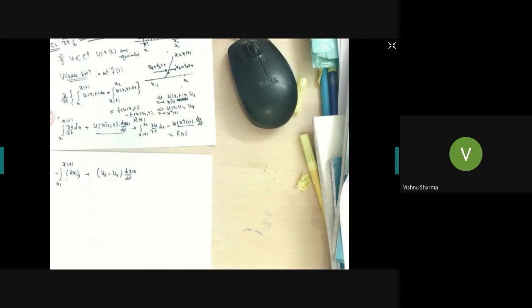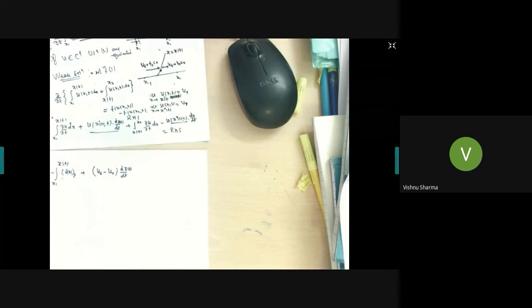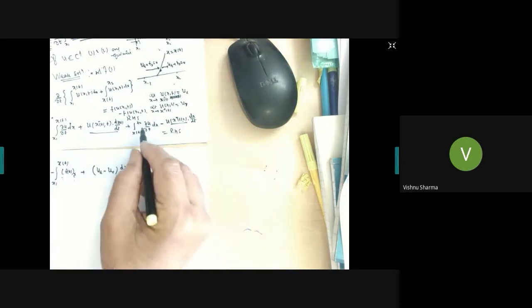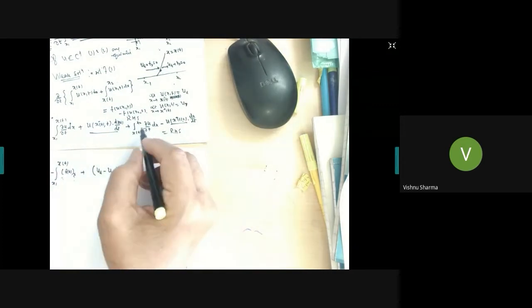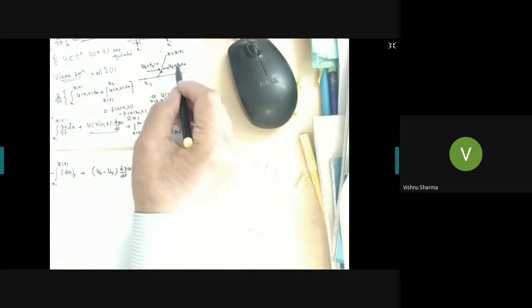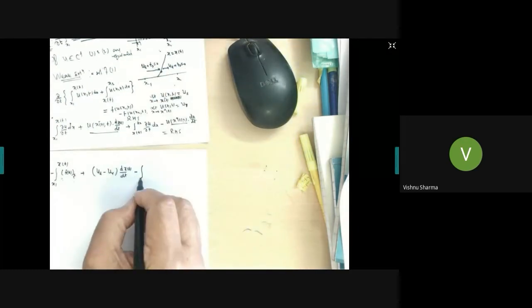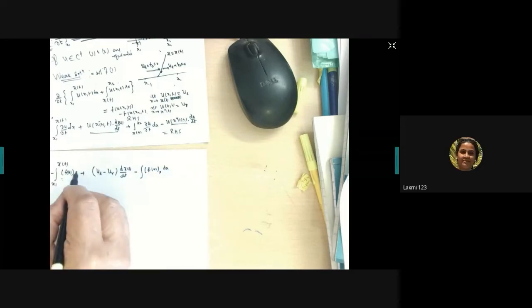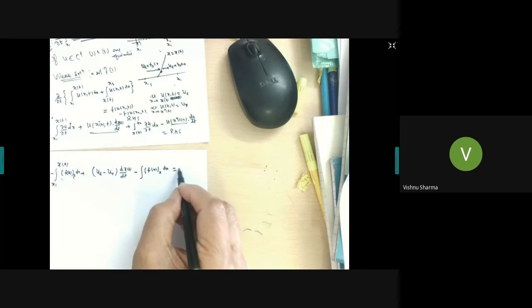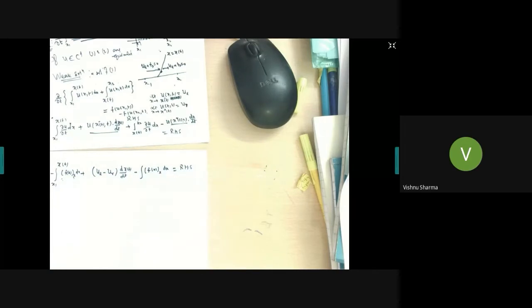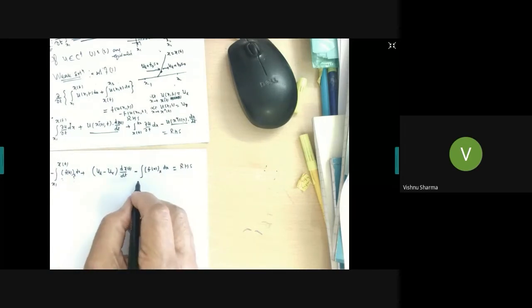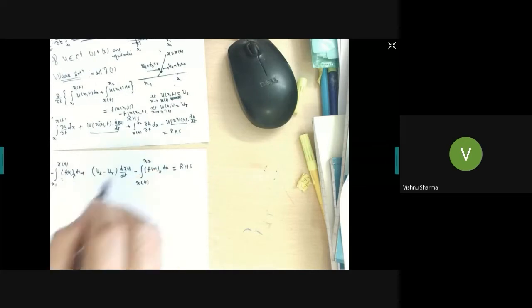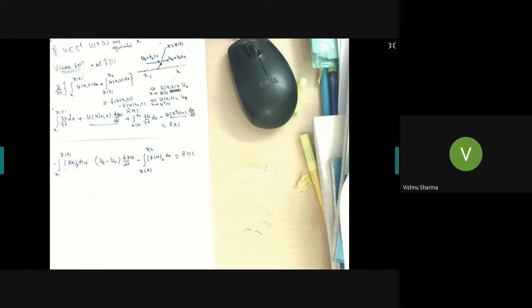So ul minus ur times d/dt of x(t), plus what remains? Again, in this x2 to x region, I can replace this ∂u/∂t by minus ∂f/∂x. Right, this is your right hand side.